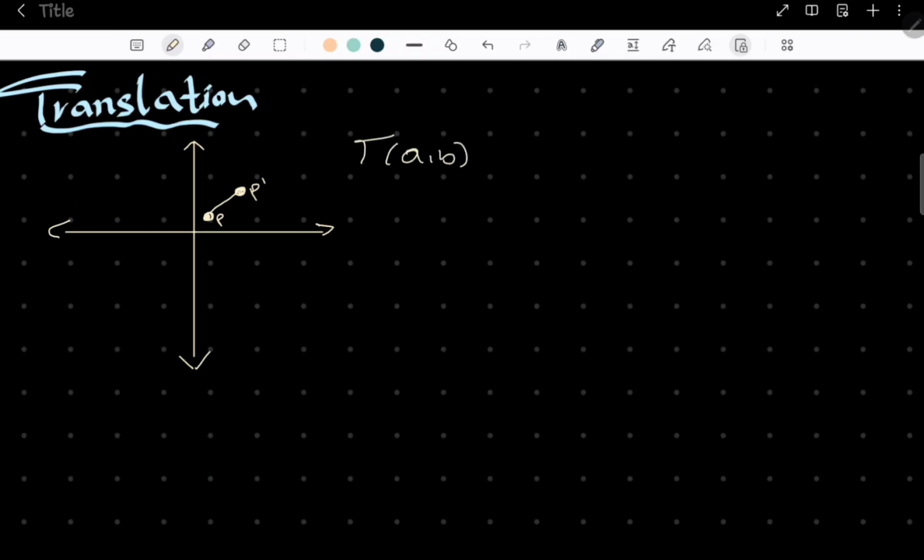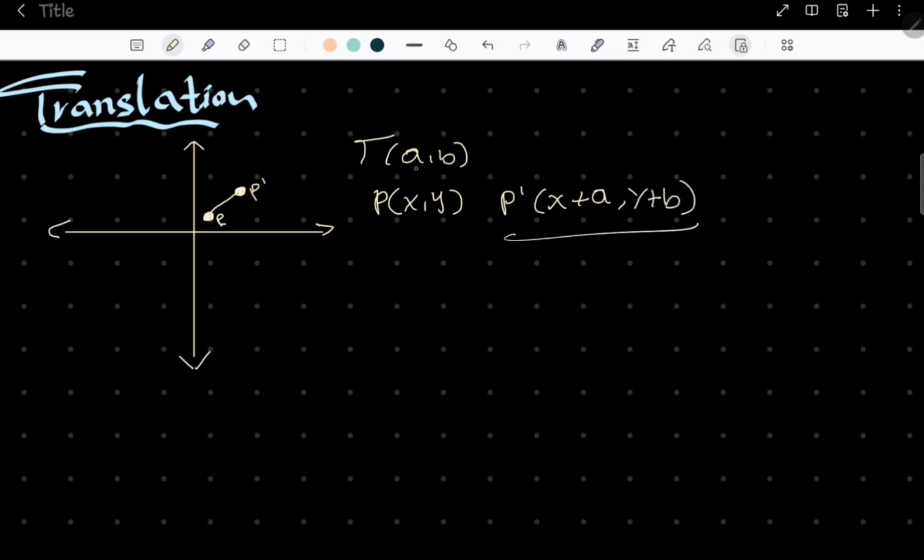So the amount of distance that this point traveled to come here is going to be the distance that's going to be added on the original coordinate. For example, if P is (x, y), then P prime will be (x + a, y + b).